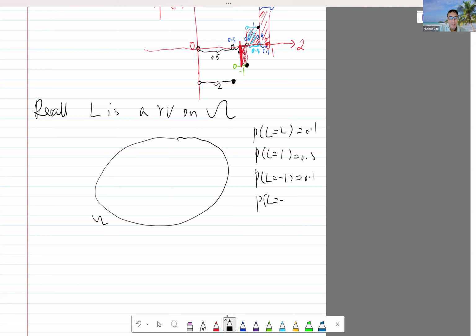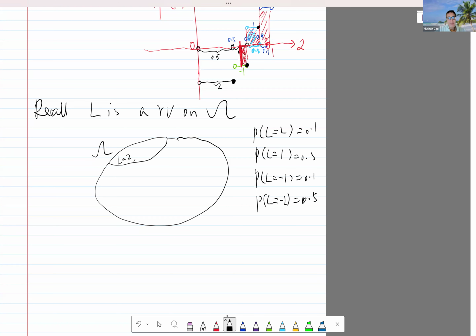If this is my omega, it means that on a part of omega, L takes value 2. Let's say on this part, L equals value 2, right?